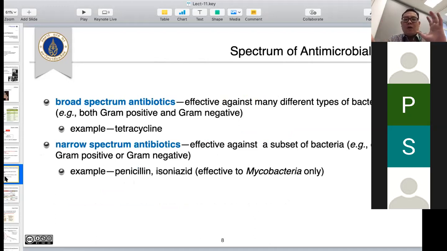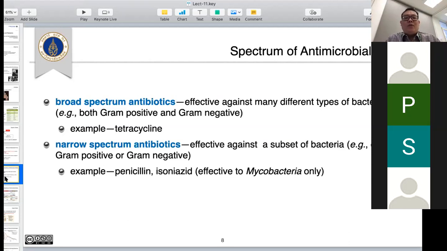Both of these terms are quite subjective, but broad spectrum means this antibiotic can affect most bacteria, including many types of gram-positive and also gram-negative bacteria. For example, tetracycline. Tetracycline kills lots of bacteria when you take it.